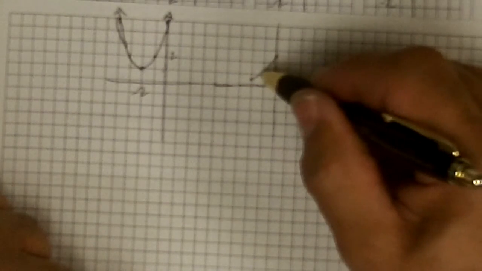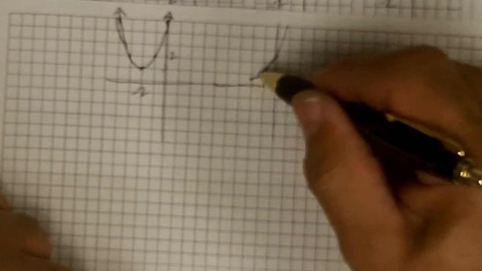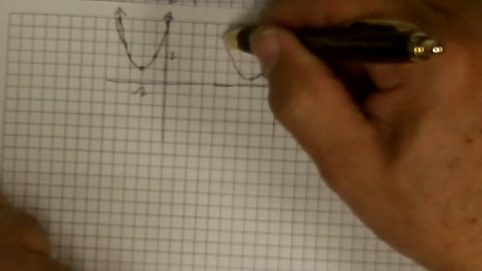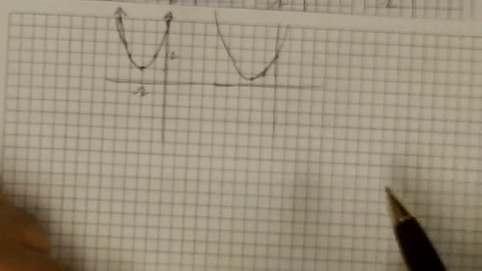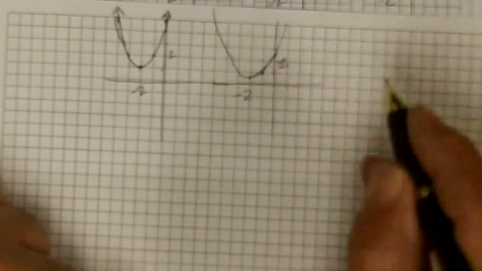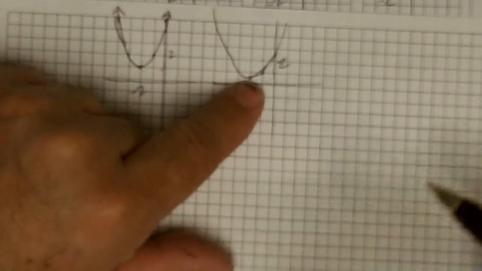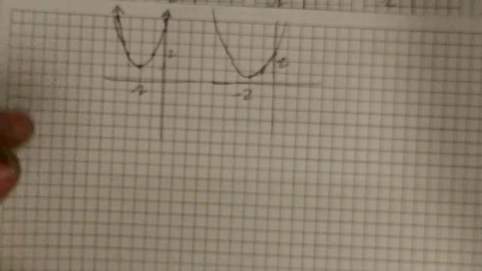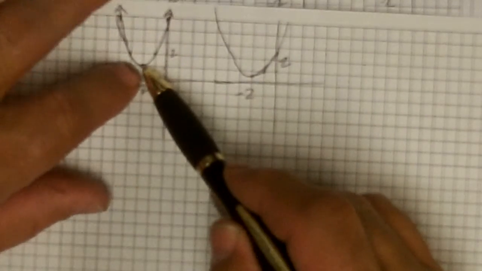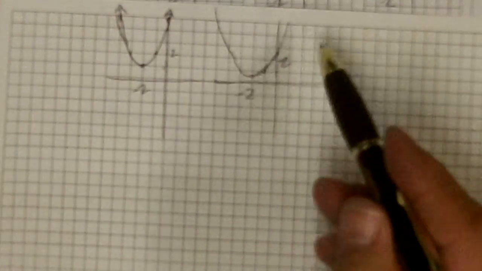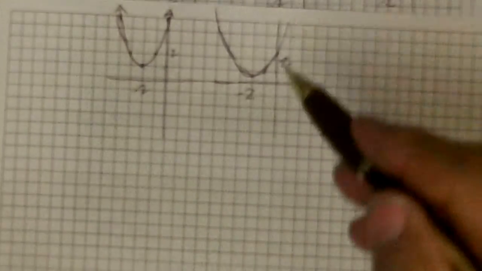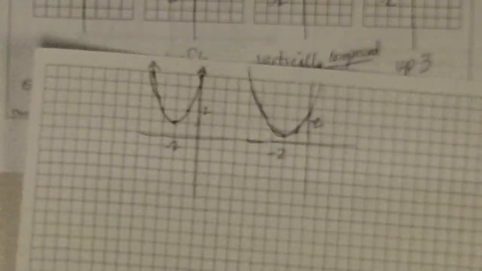And we get the correct shape, but we get it only a half unit up instead of the 1 unit up you get if you do it afterwards. Now some people just squish this leaving the vertex alone, but that's not the correct thing to do. The correct thing to do is take it half the distance to the x-axis. So if you did this, you actually got more points than if you did that.